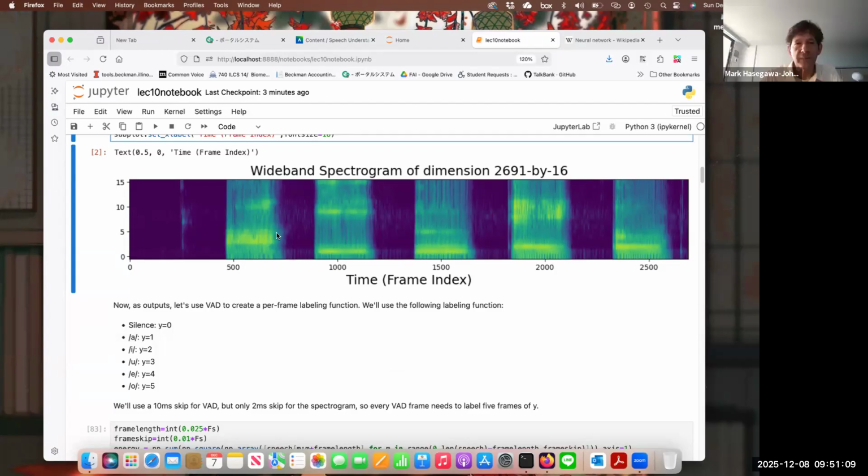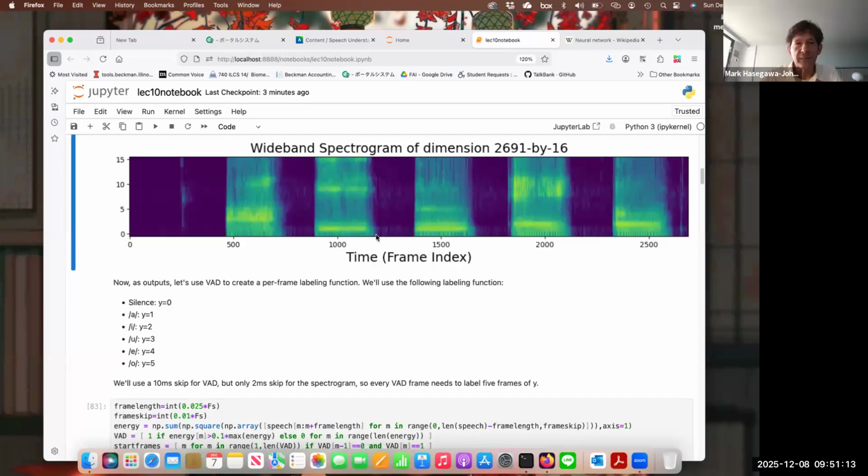All of these frames that are the vowel ah should have the label y equals 1. All of these frames that are the vowel e should have the label y equals 2, and so on, all the way up to the vowel o. Every frame which is an example of the vowel o should have the label y equals 5.